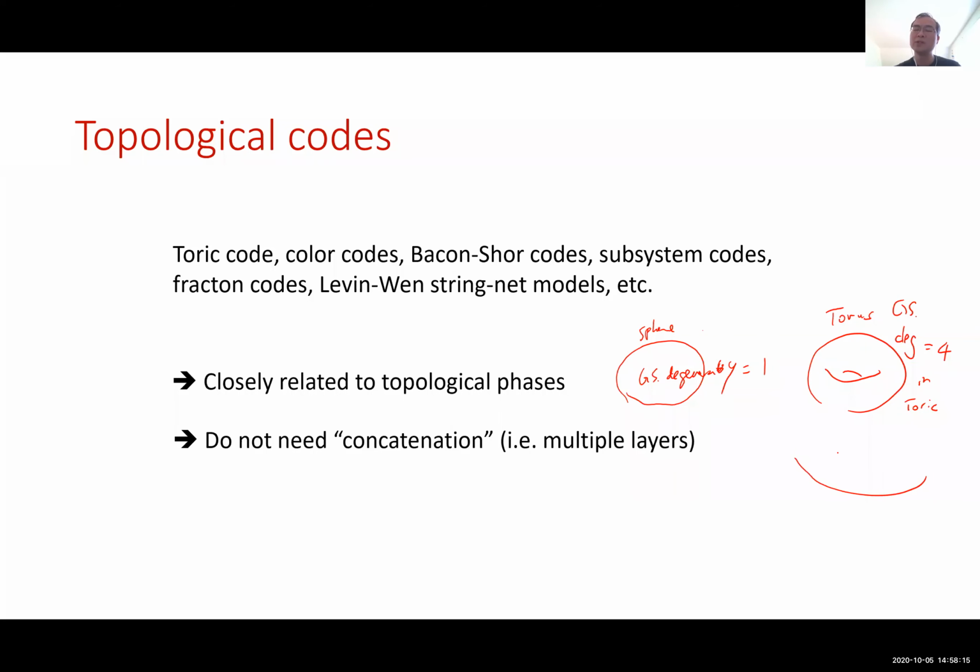And you can imagine if you put it on a higher genus manifold, there will be more degeneracy. And it is this degeneracy that we're going to use to encode our quantum information. So we're going to encode quantum information in the degenerate ground space.